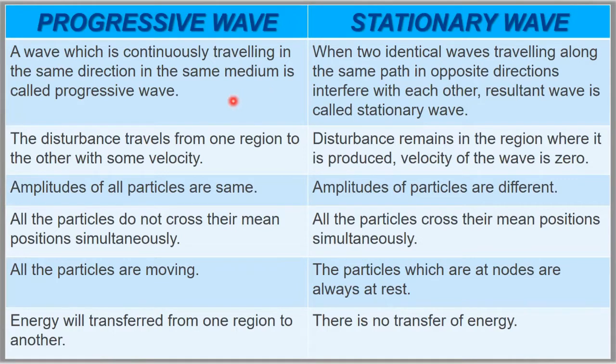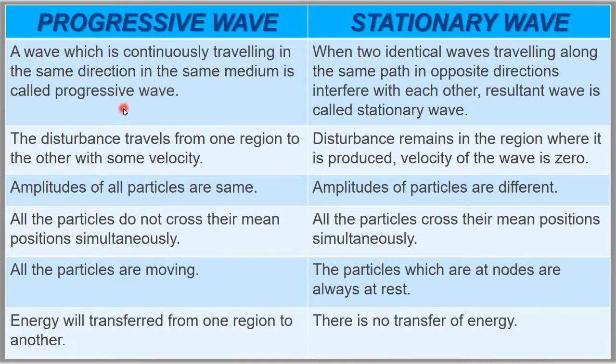So in progressive wave, the very first point is the definition of progressive wave itself, and it is defined as a wave which is continuously traveling in the same direction in the same medium.